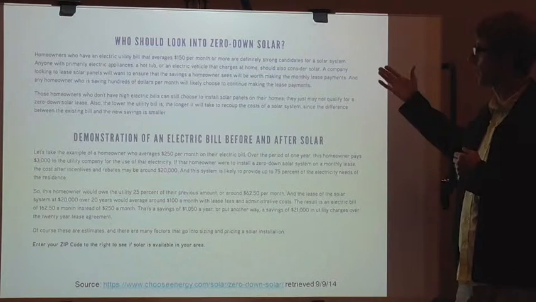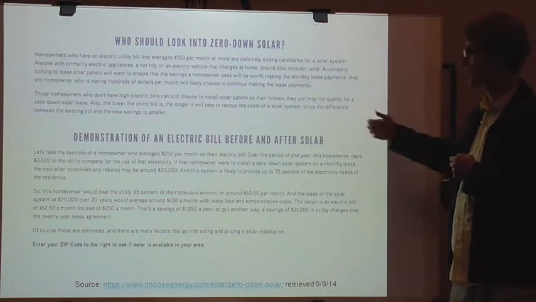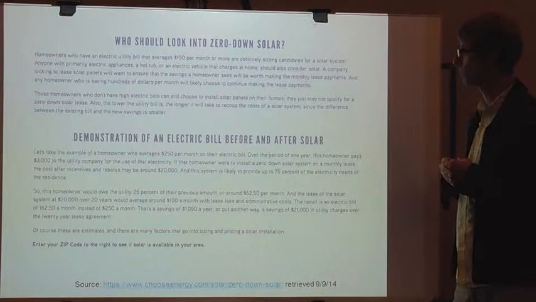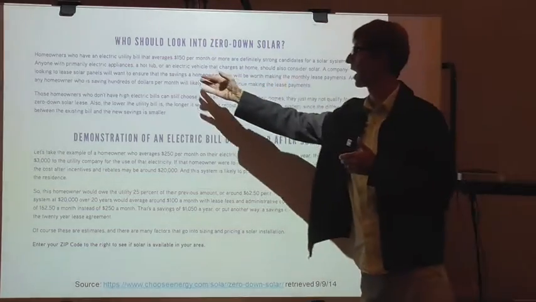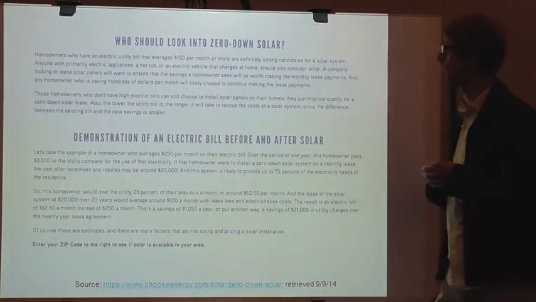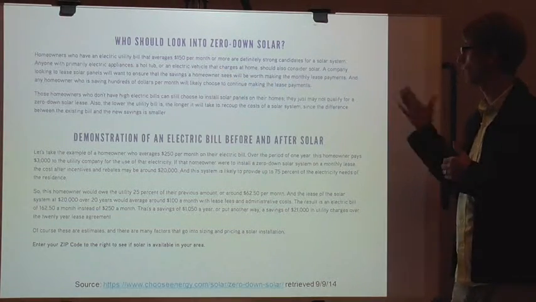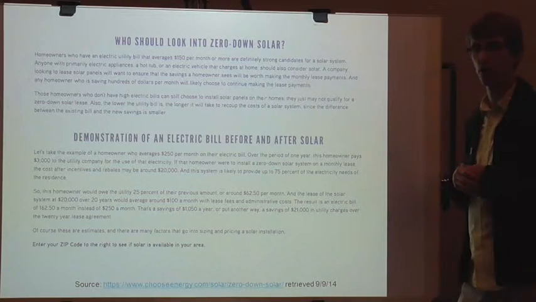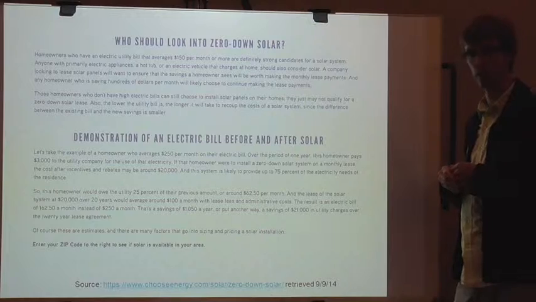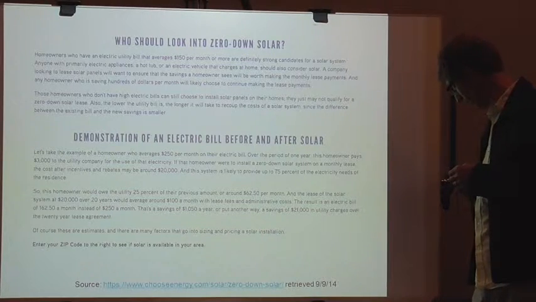And they give some guidelines as to what kind of homeowner would benefit from this kind of arrangement. They talk about if you already have $150 per month usage, you may want to consider it. Also, if you have an electric car, that's also another way of thinking about moving to your own production on site.